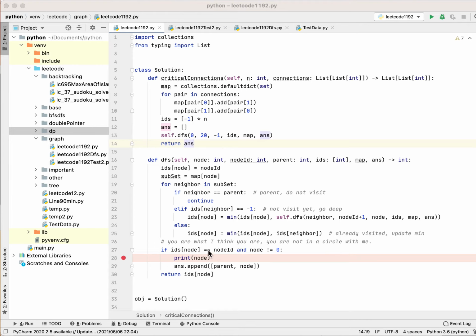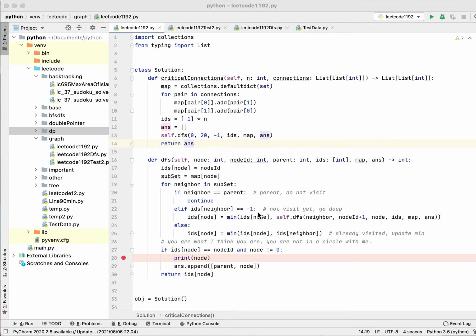In this DFS, it's also easy to know. Here will be all the nodes that we can go to from one node. And in this loop, there will be three conditions. The first is if it's the parent, we just skip it.